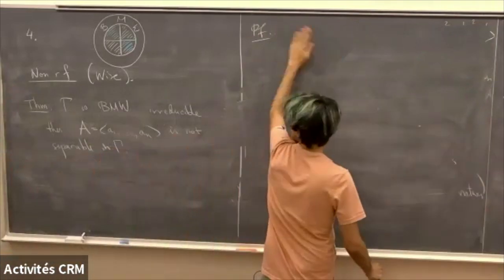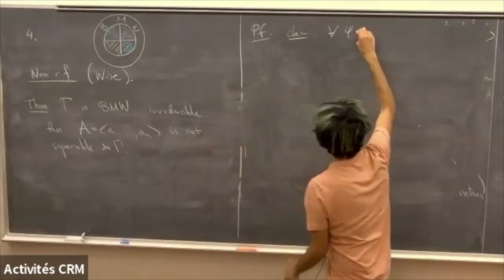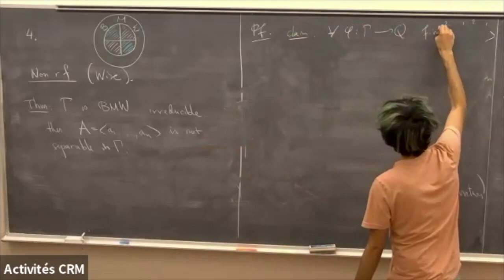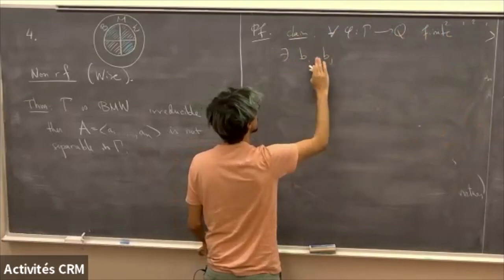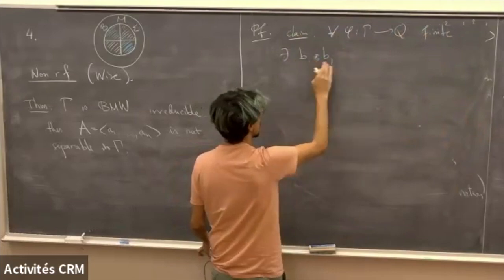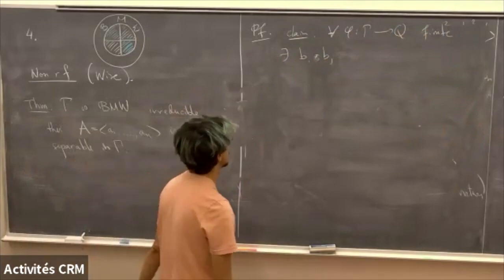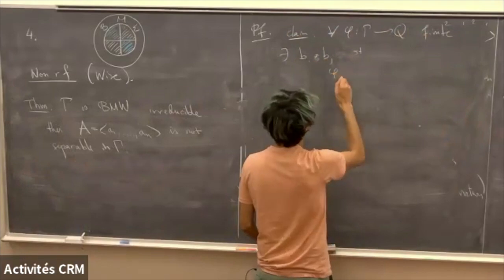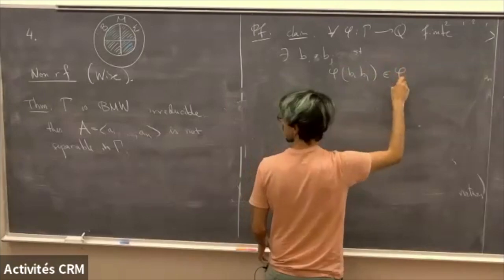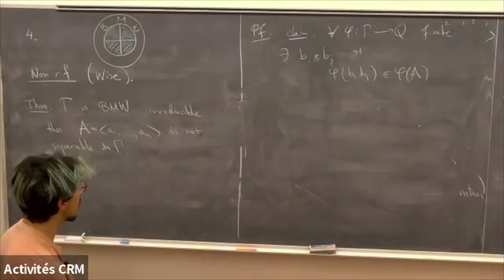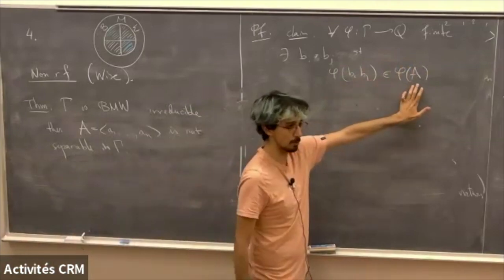What we'll prove is the following claim: for every finite quotient phi of gamma, there exist some bi and bj, different generators of the B side, such that phi of bi bj does not belong to phi of A. It says that in any finite quotient, I will find a pair such that this product is not separable from A in this quotient.